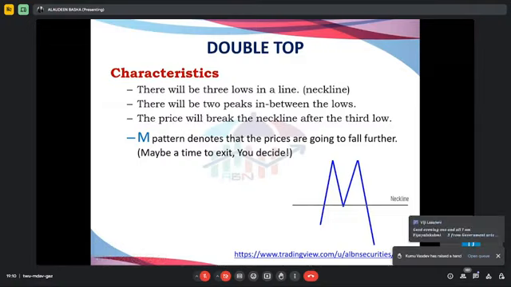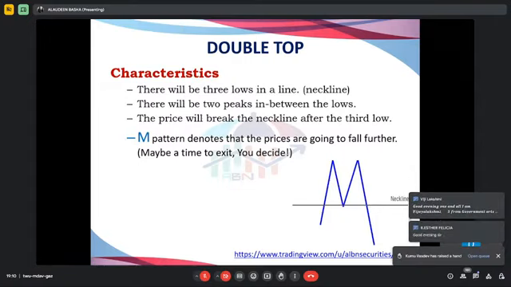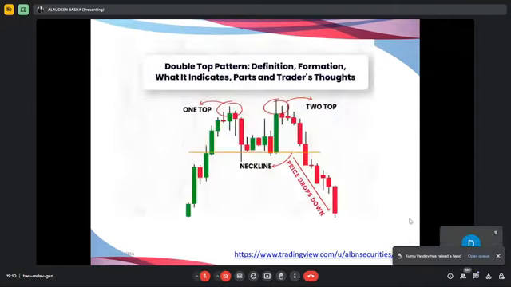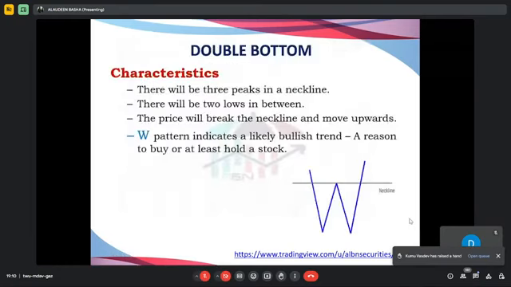Let's move on to today's topic, which is very important and a very basic criterion in technical analysis: double top and double bottom. First, we discuss the double top. What is meant by a double top? It's nothing but the same value being reached once again in a different time period.